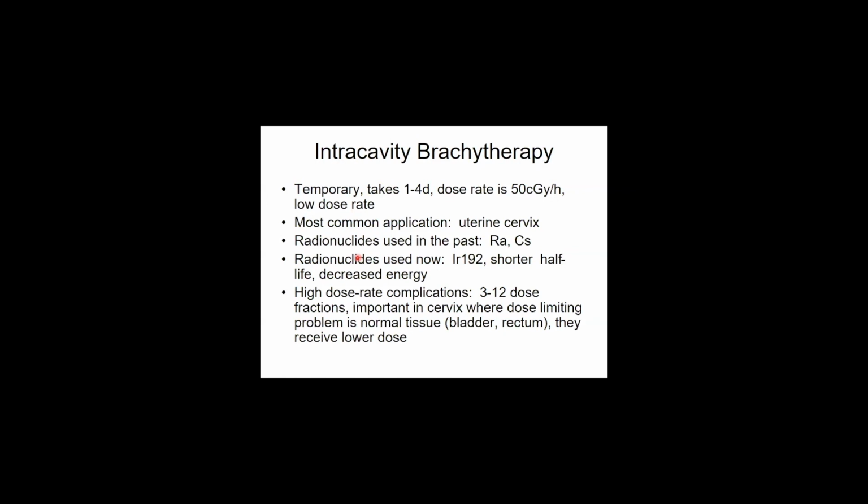Why do we use this in the uterine cervix? Because the high dose rate complications from an external beam exposure of 3 to 12 dose fractions will affect the rectum and the bladder, which is going to affect lifestyle. So by giving a lower dose rate, what are we doing? We're preserving the normal tissues around it, but still getting the dose to the tumor.